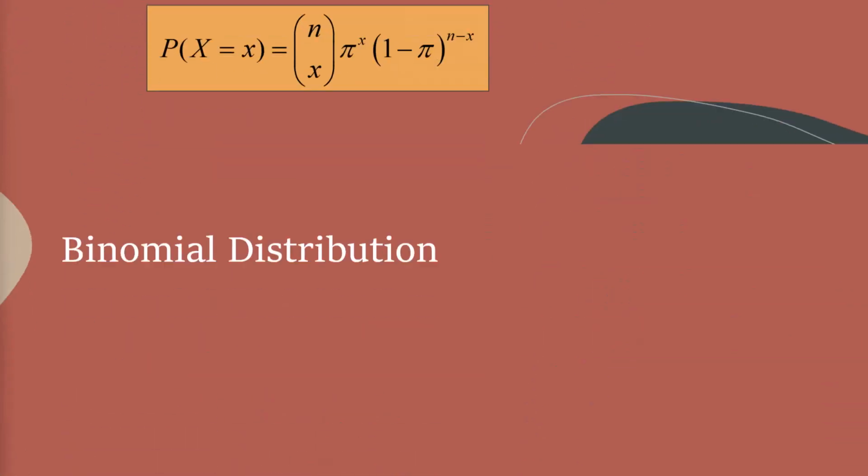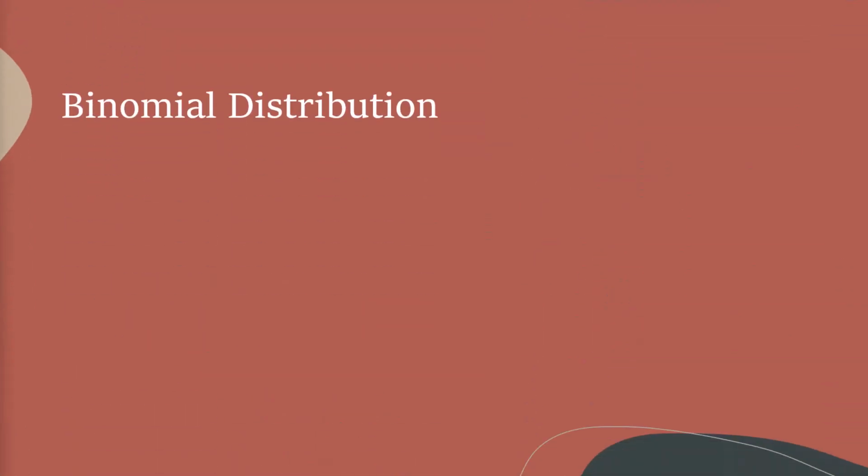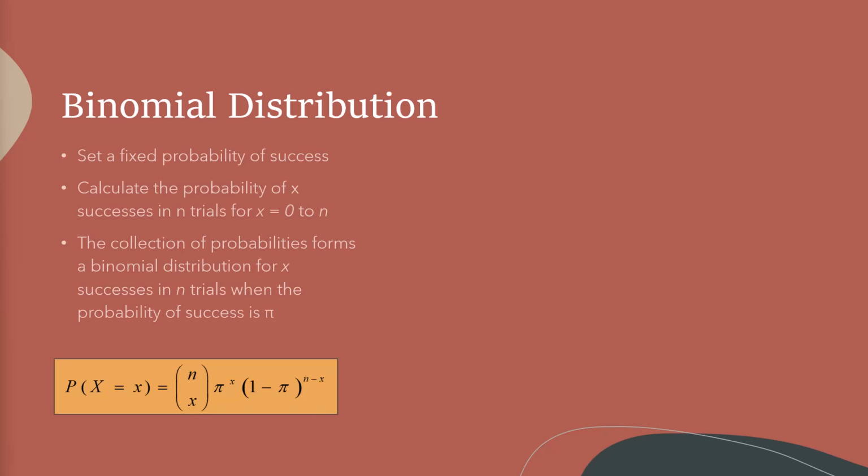We're finally ready to construct a probability distribution, and this distribution is known as the binomial distribution. Here's what we do. We set a fixed probability of success. In our previous example, we set that to be 0.7.